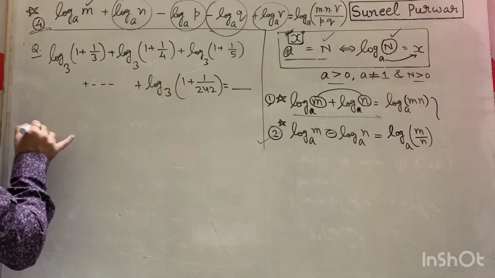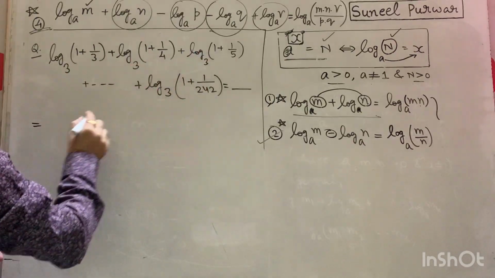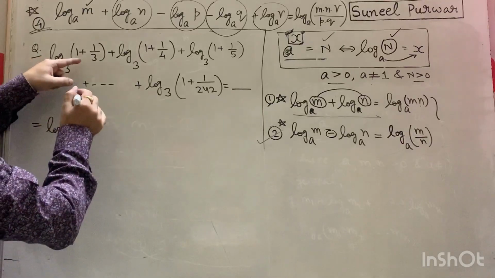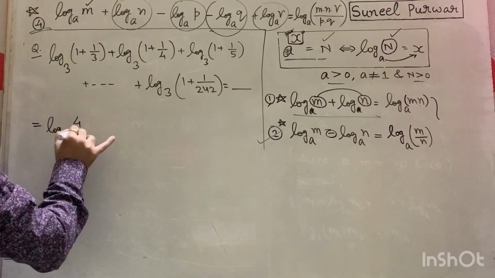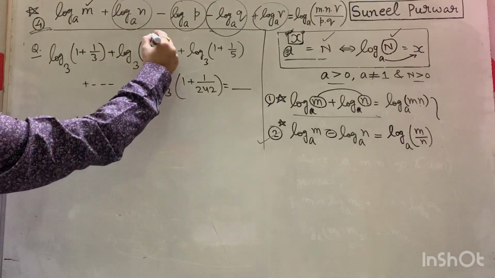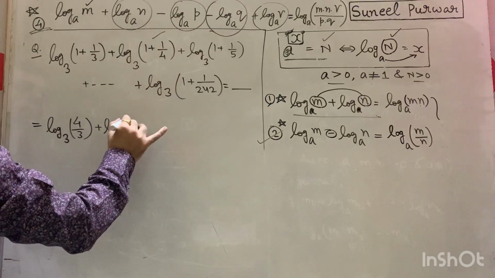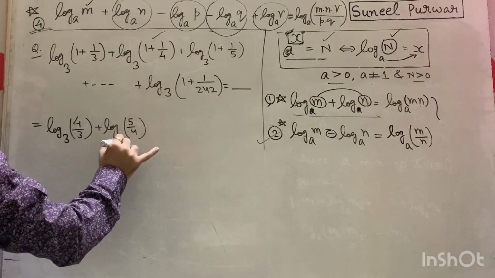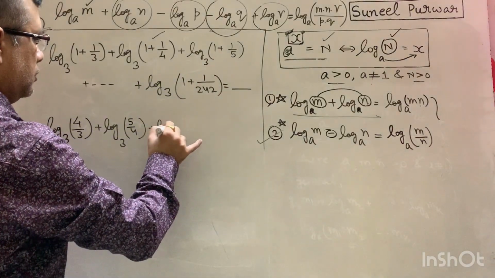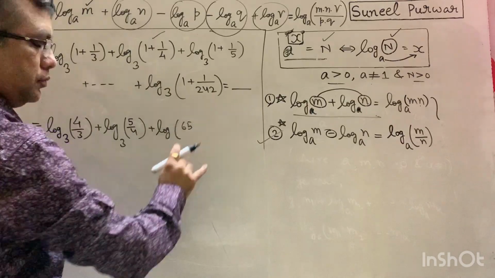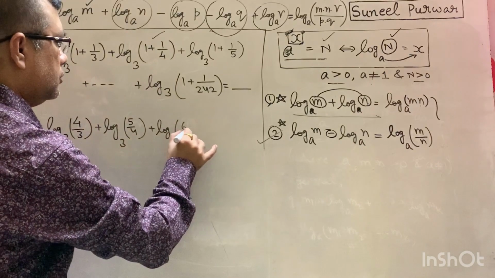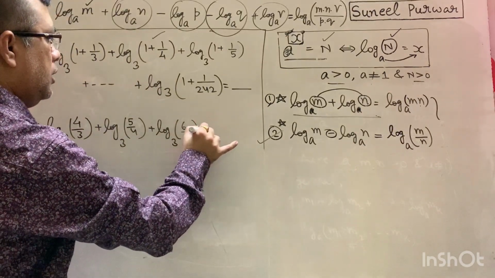First of all, you see all the logarithms are at the same base, so you can write log base 3 of, what is this number? 1 plus 1 by 3 will become what? 4 by 3, plus this will become 5 by 4. Simplify, 1 plus 1 by 4 is what? 5 by 4, base 3. Then it will become what? 6 by 5, log of 6 by 5 at base 3, and so on.